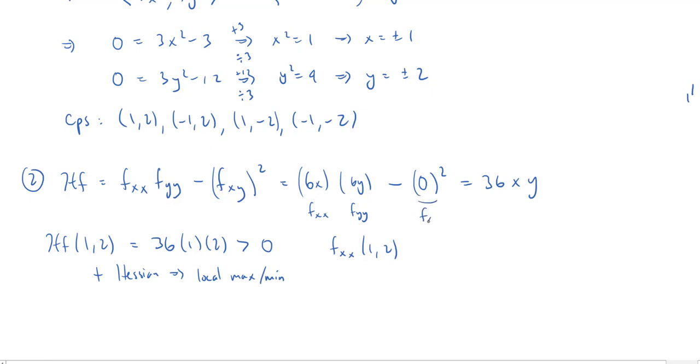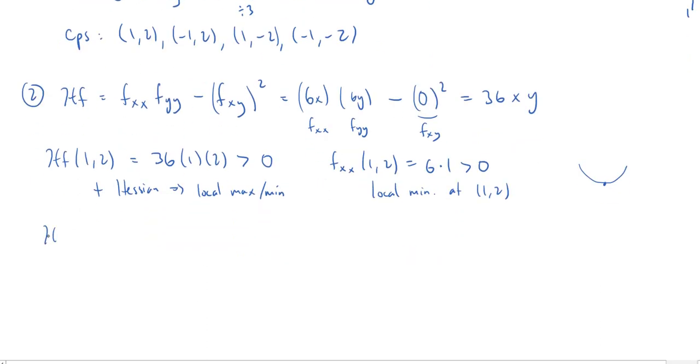I should mark that, that was fxx. So fxx at 1, 2 is equal to 6 times 1, since our x value is 1, which is positive. This tells us we have positive concavity in the x direction at 1, 2. Positive concavity looks like this, which means you're getting a local minimum. So the positivity of fxx tells us we have a local min at 1, 2.